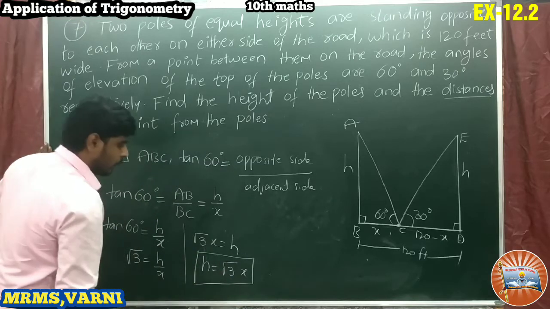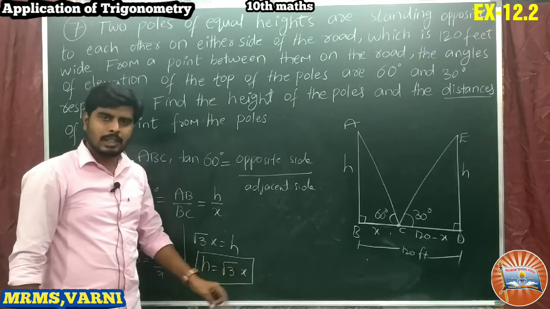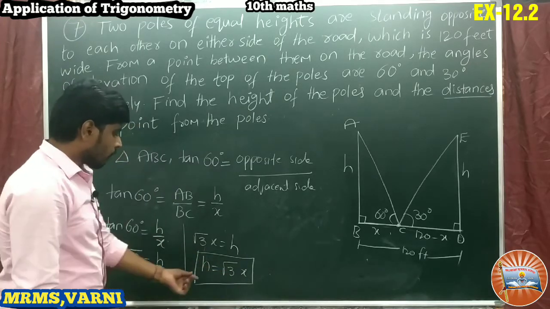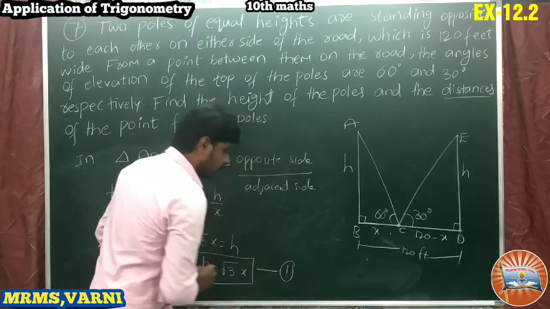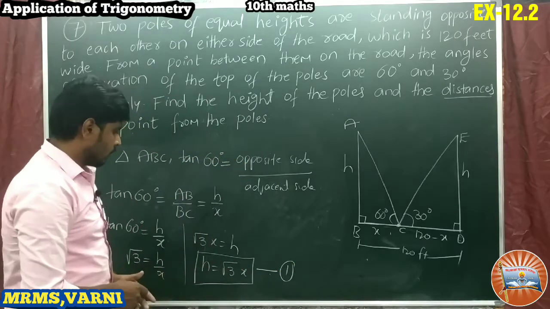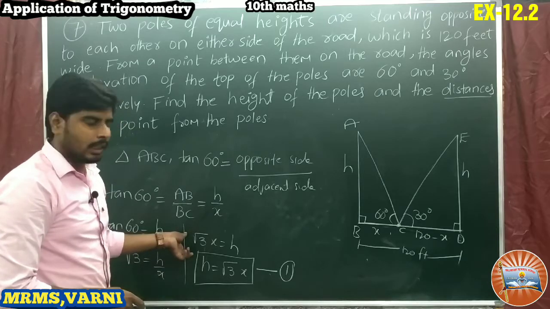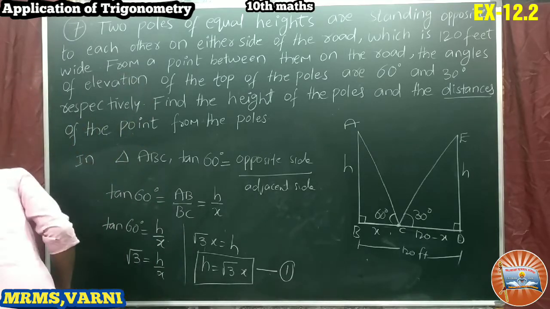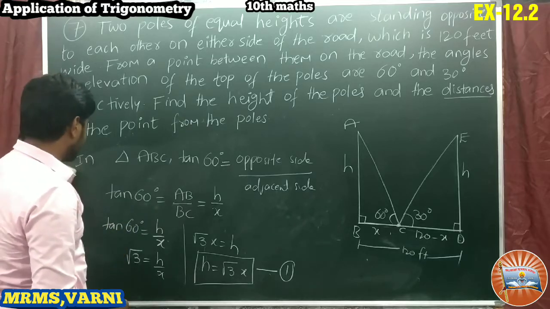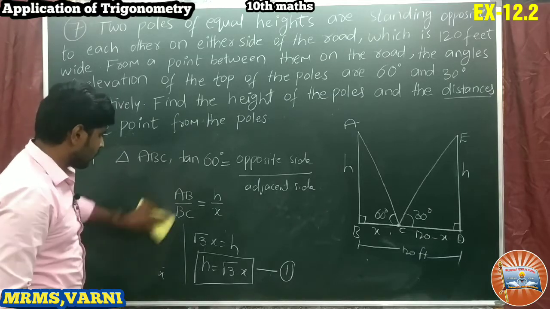So here the h value depends on x. So h we got is root 3 x. Consider it is equation 1. Did you understand this? I hope you understand. Next I am going to the second case, that is nothing but tan 30. I am erasing this.